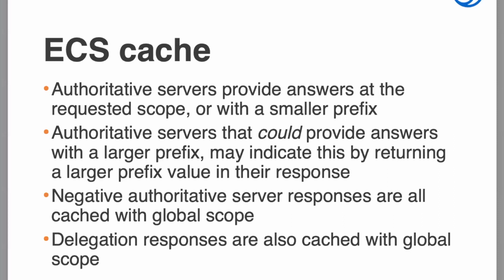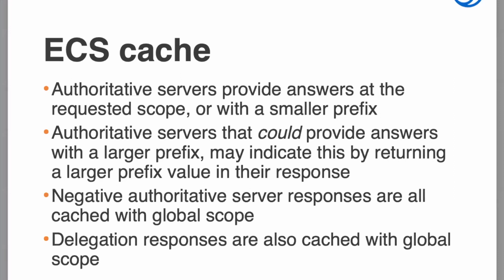Now, here's the rub. Negative answers are always cached with global scope. Negative answers are things like NXRRSET, or NXDOMAIN, where the name that you asked for does not exist at all.